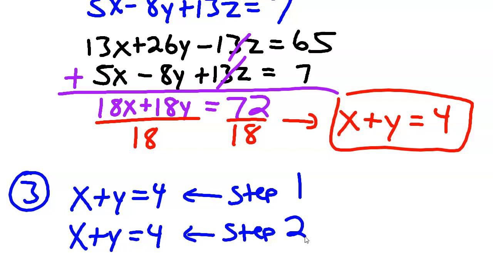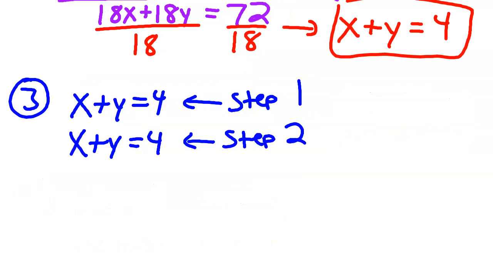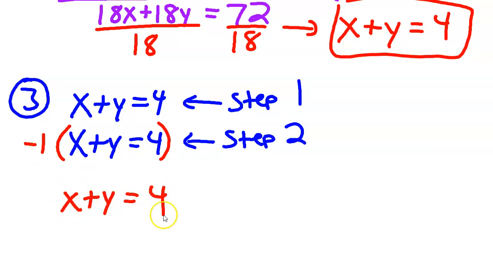But step 3 is now to try to solve this as a system of equations of two variables. When I go to do that, I will try to eliminate, let's say, y. I can get y to cancel out by multiplying that bottom equation by -1. So the top equation stays the same. The bottom equation becomes -x minus y equals -4.